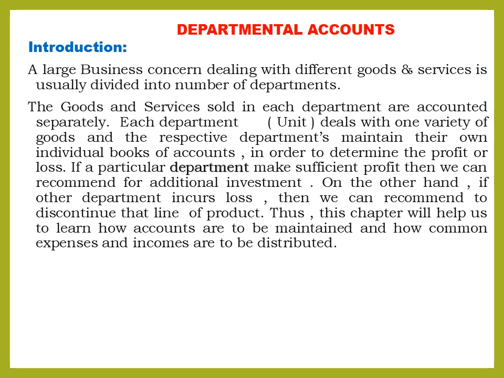The commerce department HOD is responsible for the result of the commerce department. The Kannada department HOD is responsible for the results of the Kannada exam. Like this, we add the results of all the departments, commerce plus management plus science plus arts, and calculate the overall result of the college.